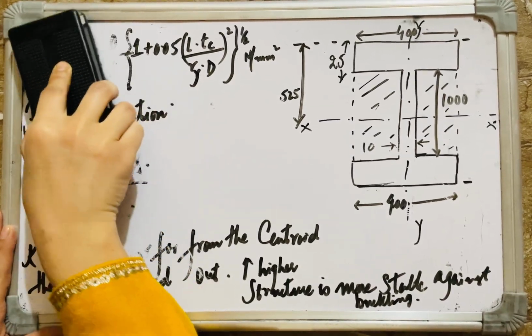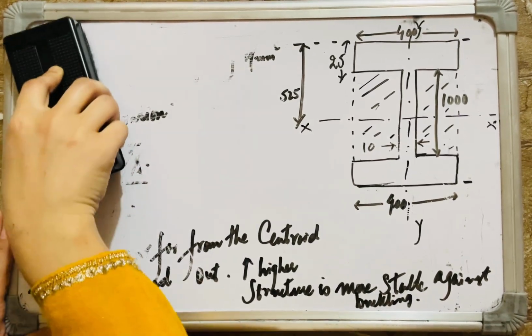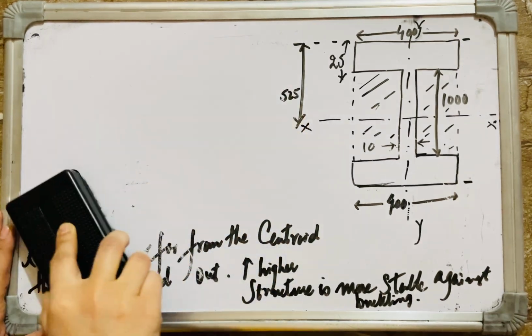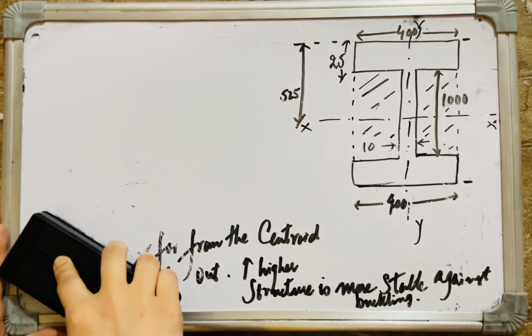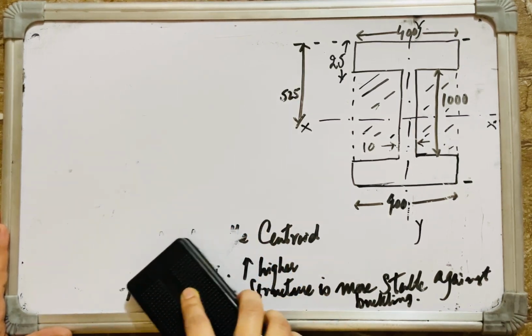Let me repeat that the radius of gyration tells us how far from the centroid the area is spread out, and a higher value means my structure is more stable against buckling.